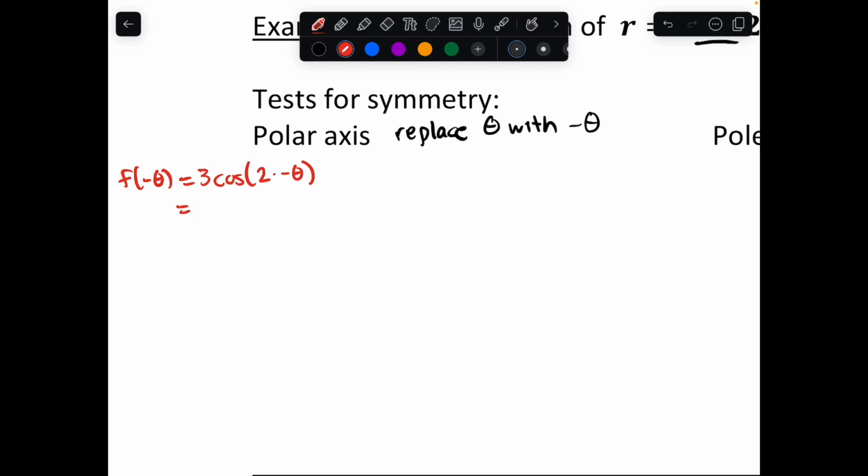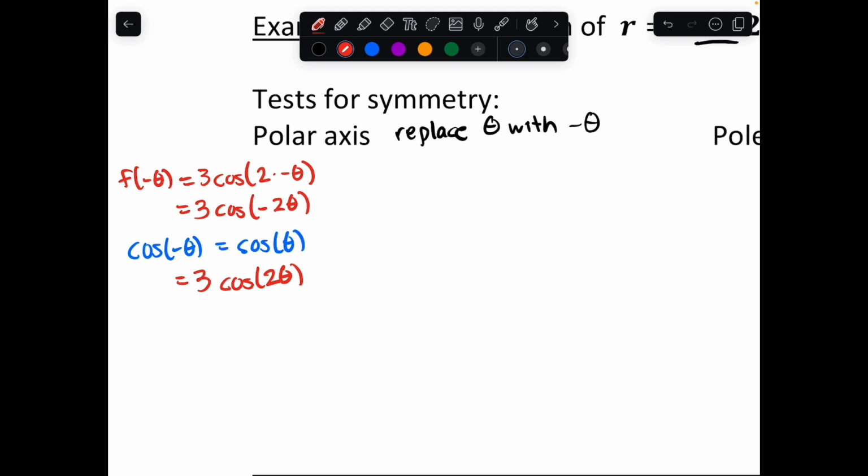Well, I can rewrite that as 3 cosine of negative 2 theta. Now I'm going to use the identity of cosine of negative theta is equal to cosine of positive theta. So we end up getting that this is equal to 3 cosine of positive 2 theta.